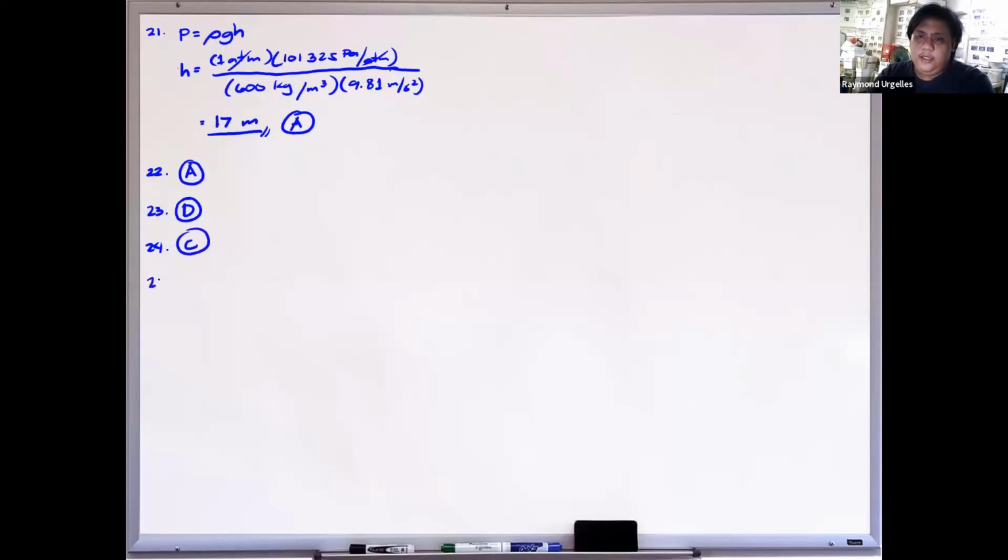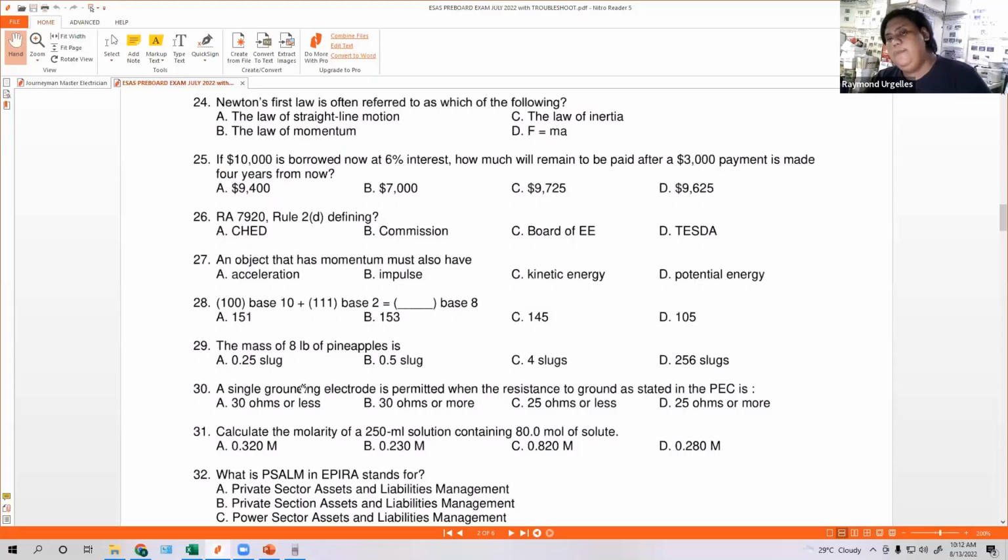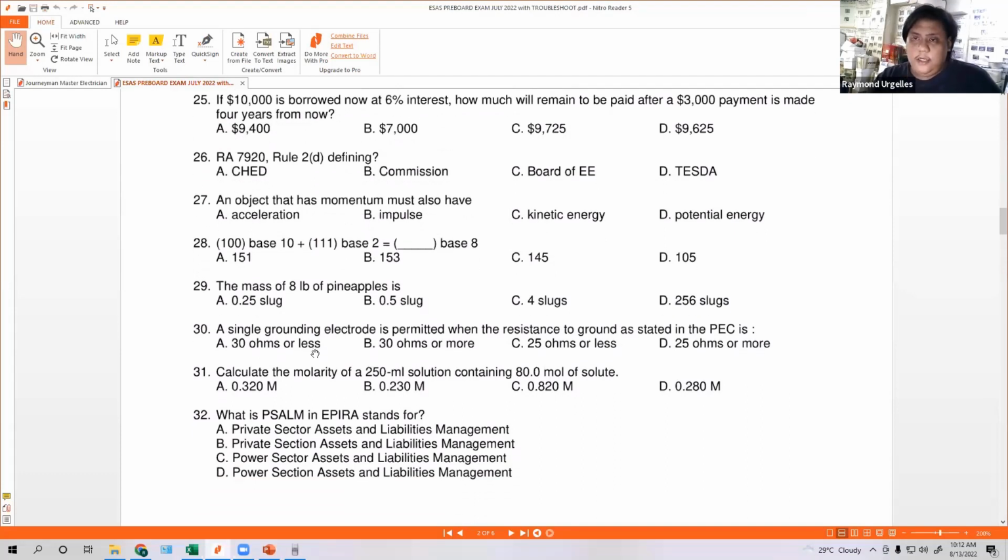Okay, so next number, 25. If 10,000 pesos is borrowed now at 6% interest, how much will remain to be paid after a 3,000 payment is made 4 years from now? So again, you borrowed 10,000 and paid 3,000 four years from now, diba?